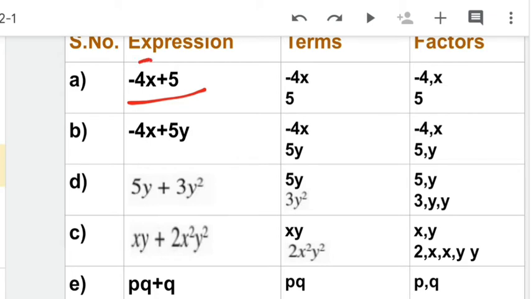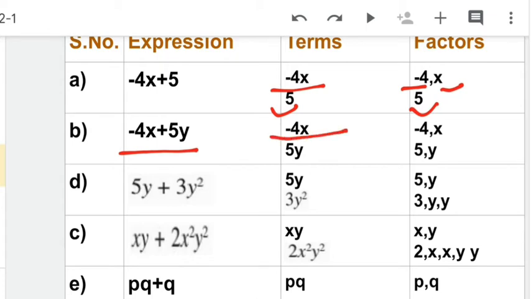Here we have two terms, minus 4x and 5. For minus 4x we have factors minus 4 and x, and for 5 we have factor 5, or you can write it as 5 and 1. For the second expression, minus 4x plus 5y, we have two terms, minus 4x and 5y. The factors of the first term are minus 4 and x, and the factors of the second term are 5 and y.